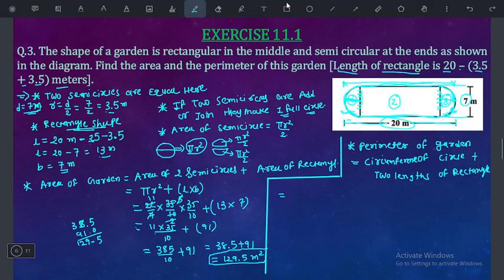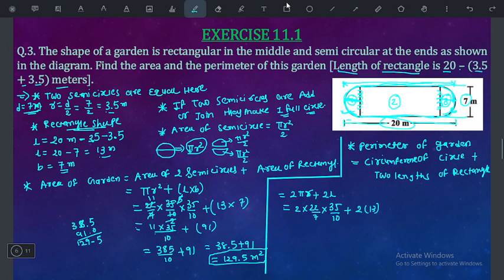Circumference of the circle is 2 pi r, plus two lengths of the rectangle, which is 2l. So 2 times the value of pi, 22 by 7, into r. Radius is 35 by 10, plus 2 into l. L means 20, no, it is 13.